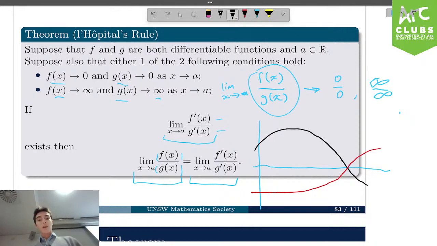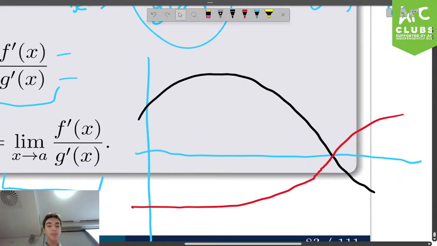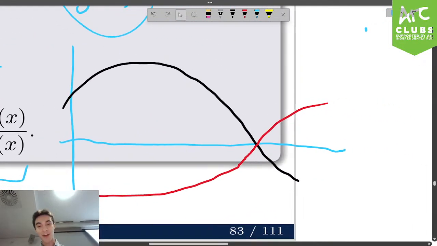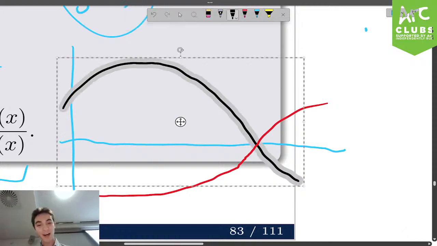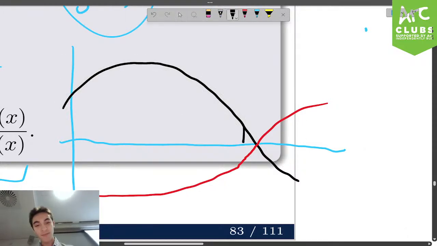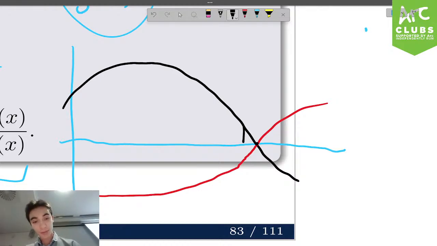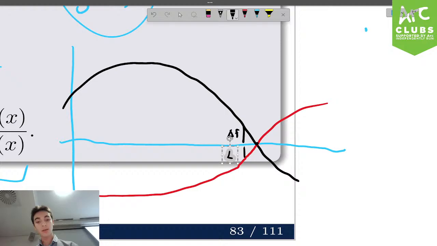If you're trying to take the limit of the ratio of those two functions at that point, a simplistic way of doing it would be to take the value of this function really close to that point, I'll call this delta f, and the value of the bottom function really close to that point as well, delta g, and find that ratio.